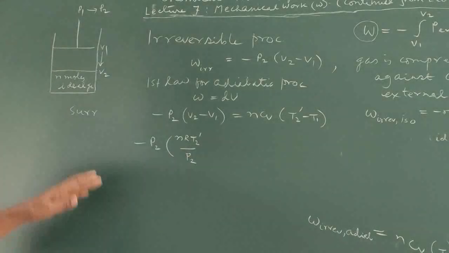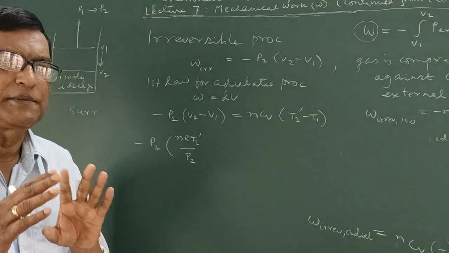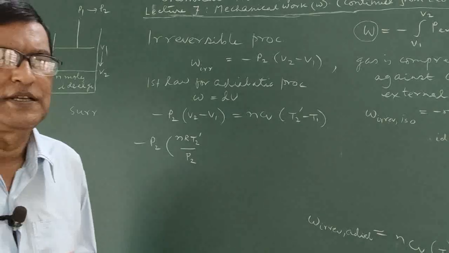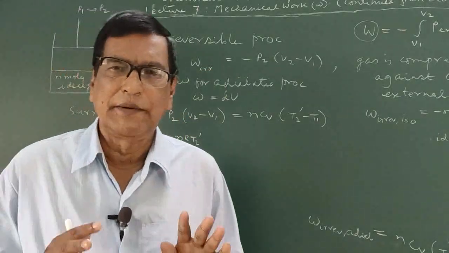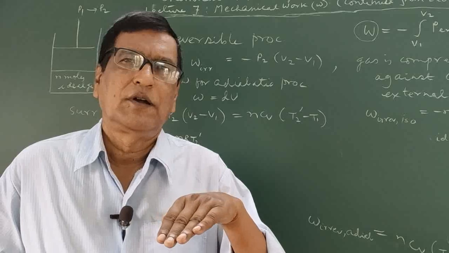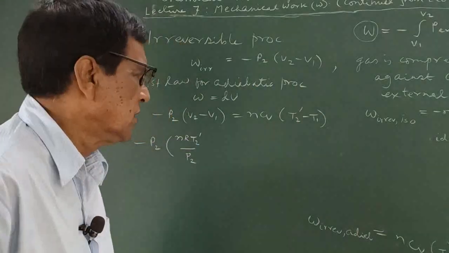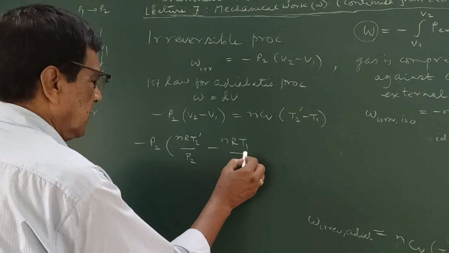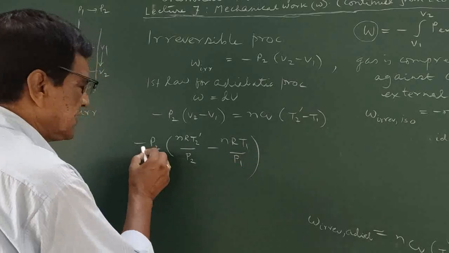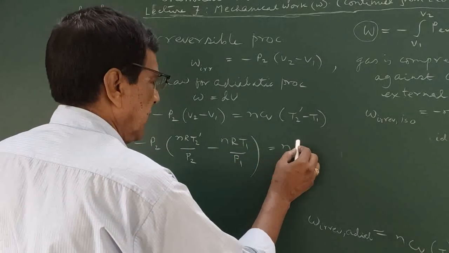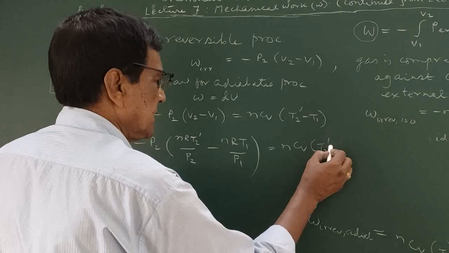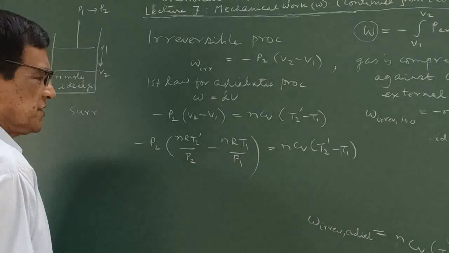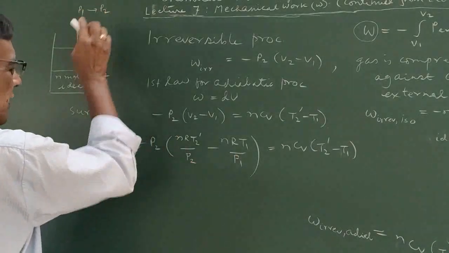As you know, for this adiabatic process, there must be a change in temperature. If it is adiabatic expansion, then temperature falls. If it is adiabatic compression, then the temperature of this gas will rise. So this one, minus nR T1 divided by V1 using the ideal gas law, equals n Cv (T2' minus T1). T1 is the initial temperature, P1 is the initial pressure, P2 is the final pressure.